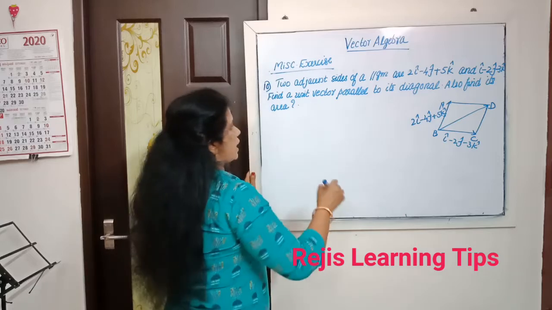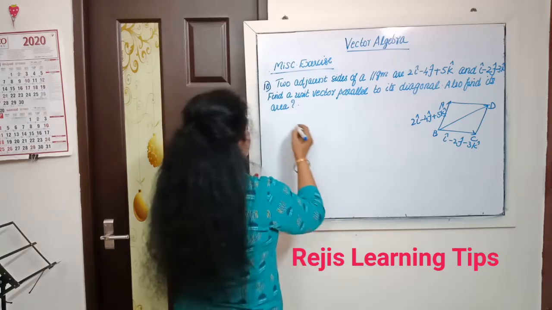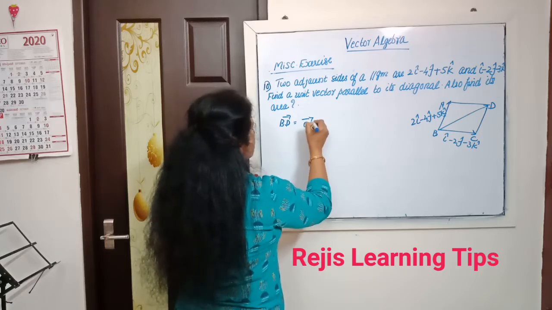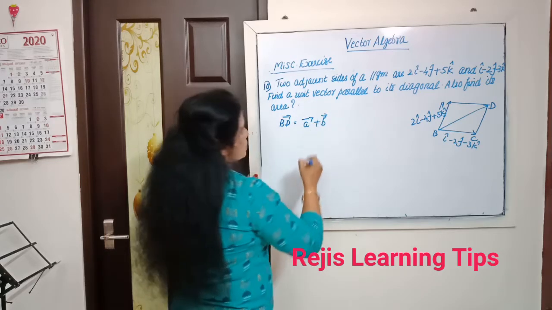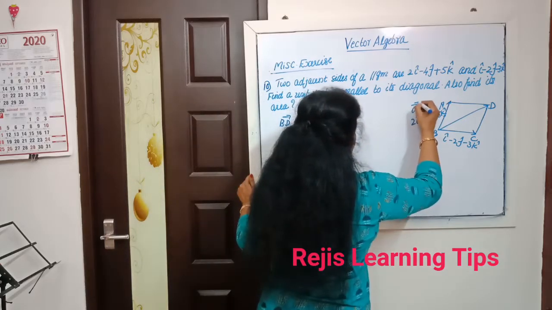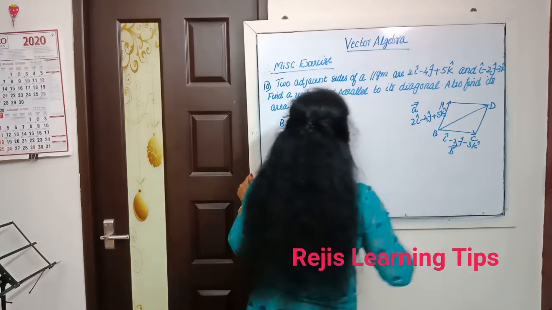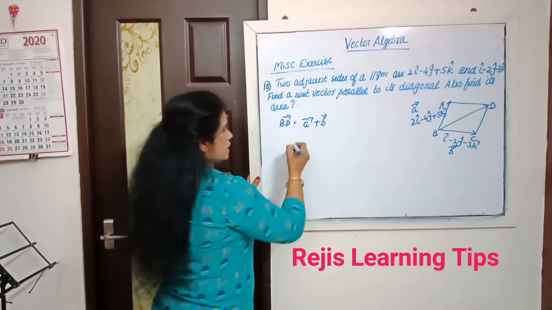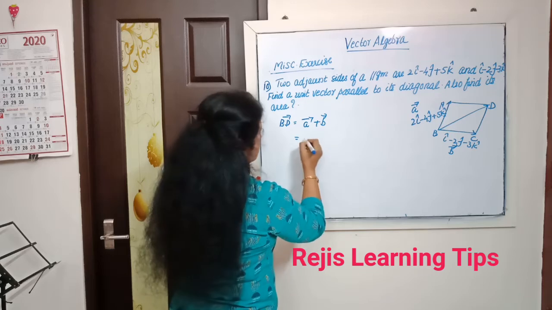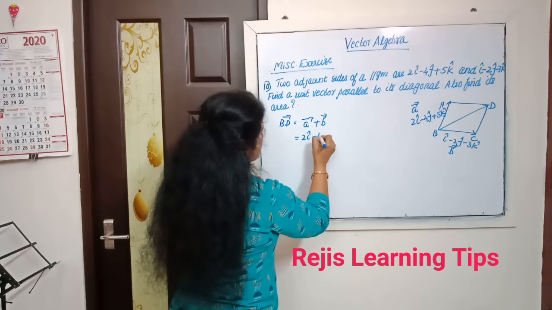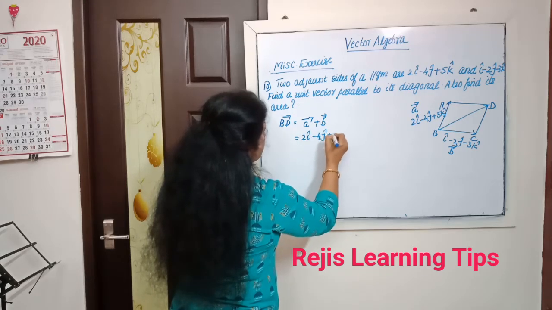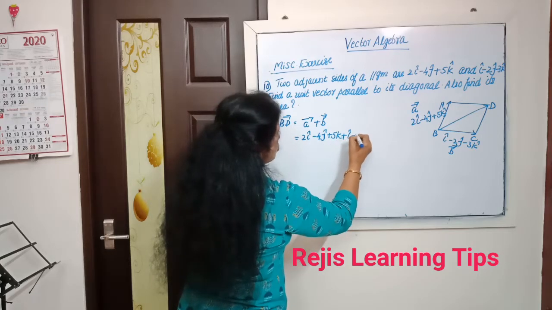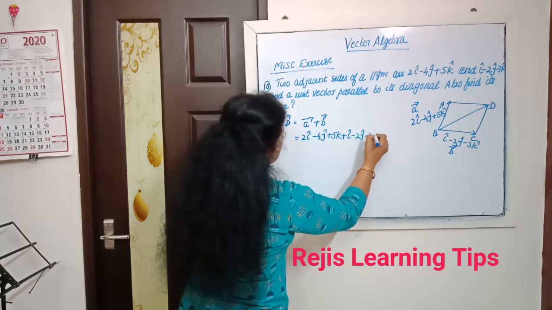We can find the diagonal of this parallelogram by the parallelogram law of vector addition. BD is equal to vector A plus vector B. Suppose this is the A vector and this is the B vector. So diagonal BD is equal to A vector plus B vector, that is 2i cap minus 4j cap plus 5k cap plus i cap minus 2j cap minus 3k cap.